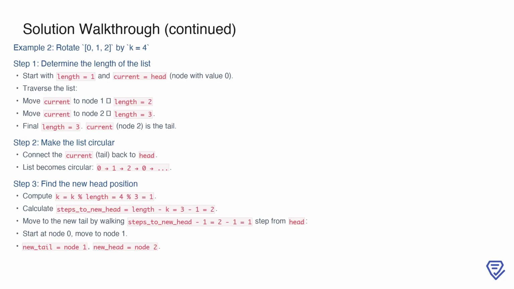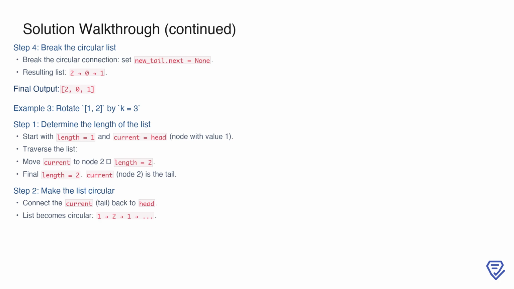Using the formula steps_to_new_head equals length minus k, we get 3 minus 1 equals 2. To determine the new tail, we walk steps_to_new_head minus 1, which is 2 minus 1 equals 1 step from the current head. Starting at node 0, we move to node 1. This makes node 1 the new tail, and the node after it, which is node 2, becomes the new head.